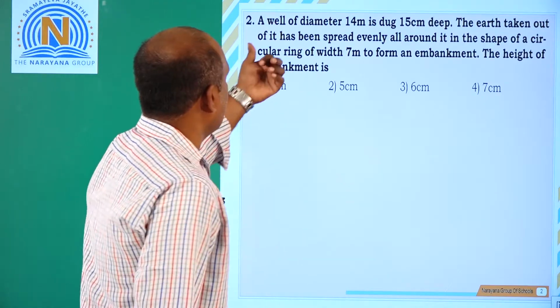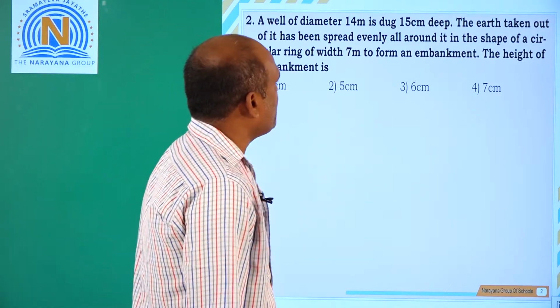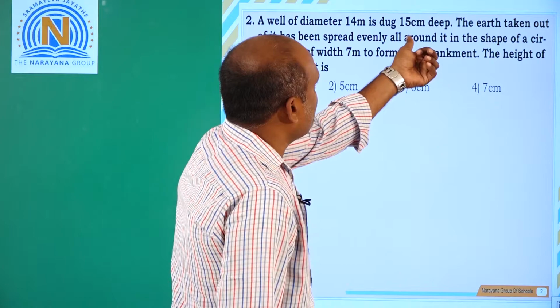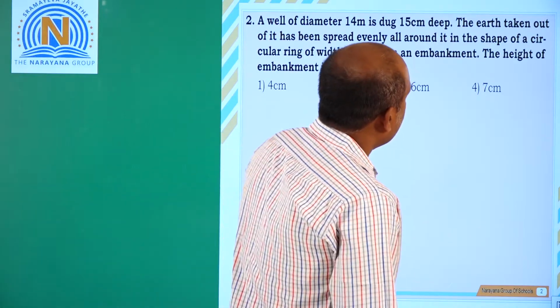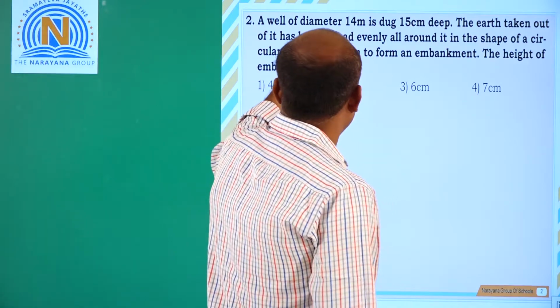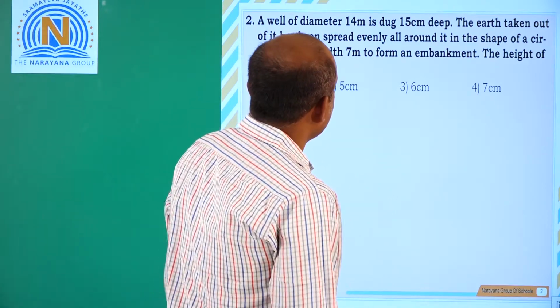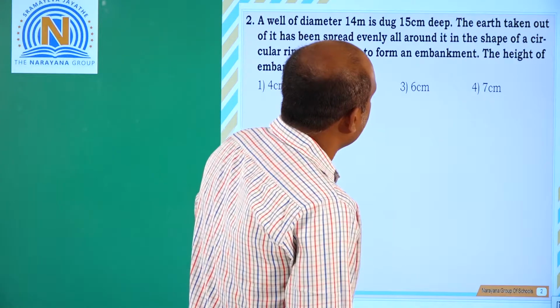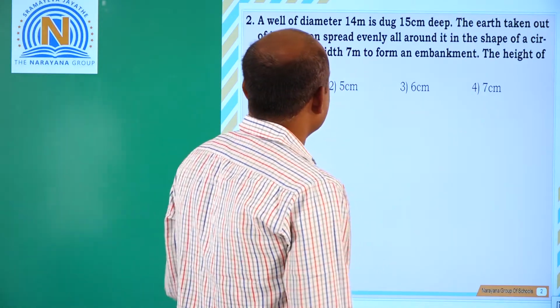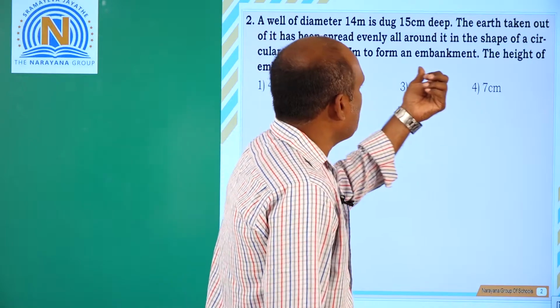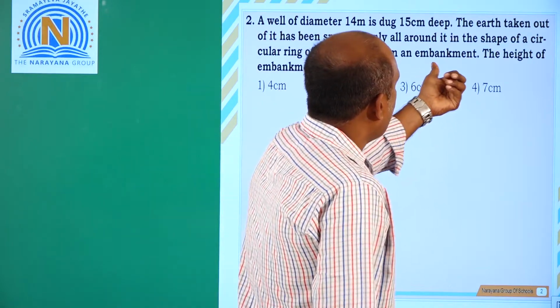Now coming to the next one. A well of diameter 14 meters is dug 15 meters deep. The earth taken out of it has been spread evenly all around it in the shape of a circular ring of width 7 meters to form an embankment.